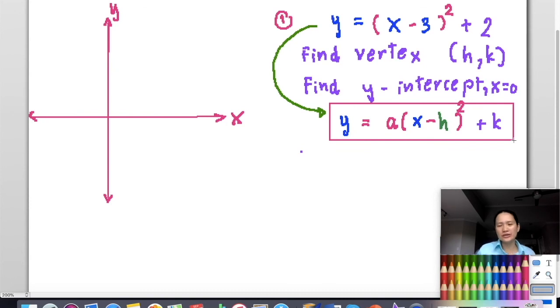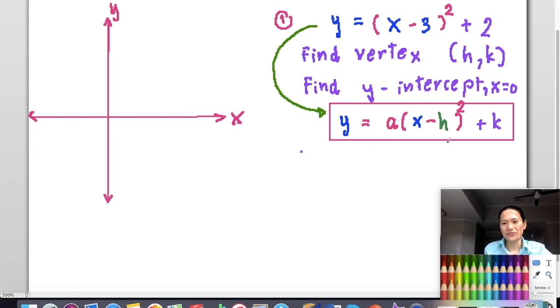You know that if a is positive, like in our question, a is positive, so our graph is upright. And h represents whether it shifts left or right. In this one our h is 3, so it shifts right. And our k is positive 2, so it goes up. So it's going to be like this.